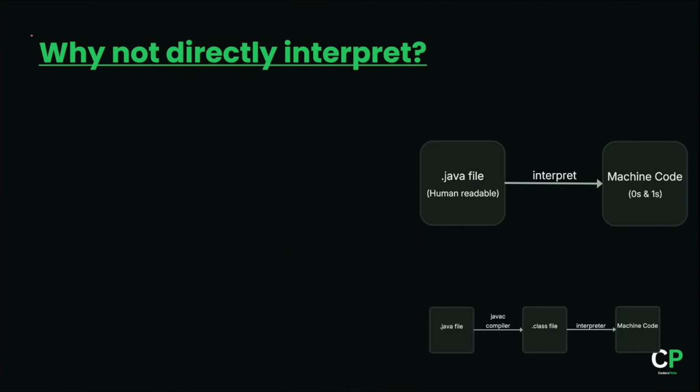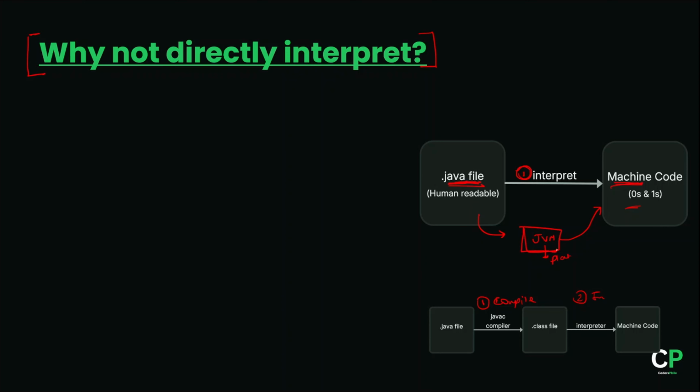Now let's see one confusion that remains among the students: why does Java choose the two-step approach, where first it compiles and then it interprets with the help of the JVM? Why can't it just directly interpret the Java file into the machine code? Still, it would remain platform independent, because the JVM would take this .java file and convert it into the machine code line by line, and this JVM remains platform dependent while the .java file remains platform independent.